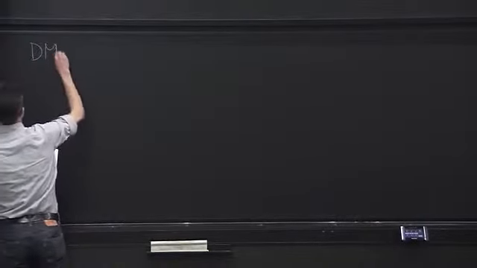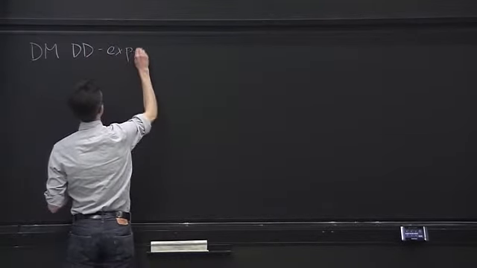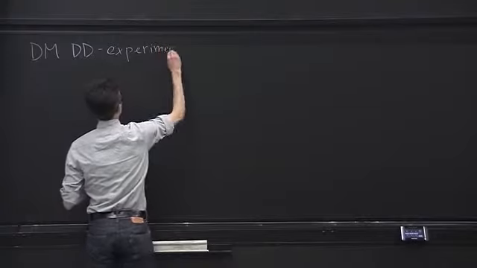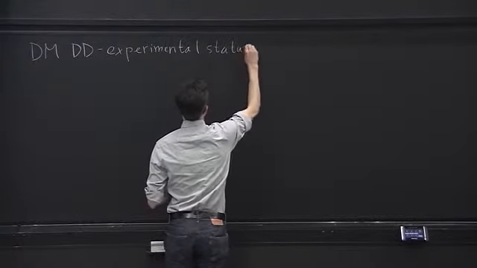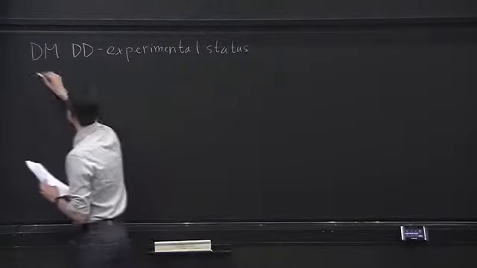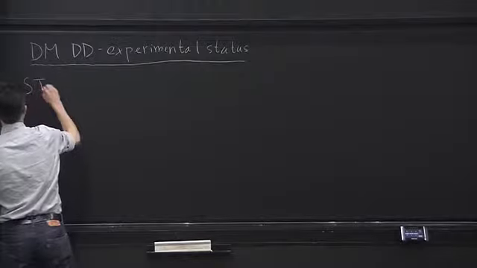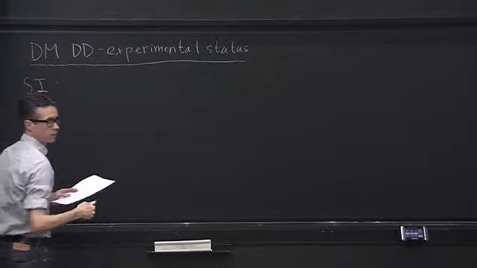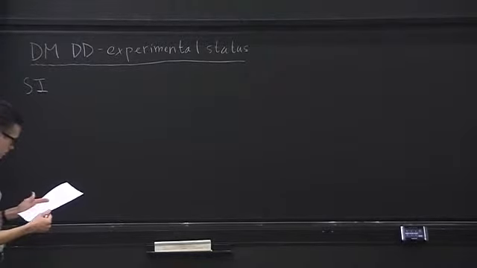So dark matter direct detection is the current experimental status. And the current theoretical status is closely linked to the experimental status. So I'll talk about spin independent and spin dependent separately, because, again, the signals factorize into spin dependent and spin independent.